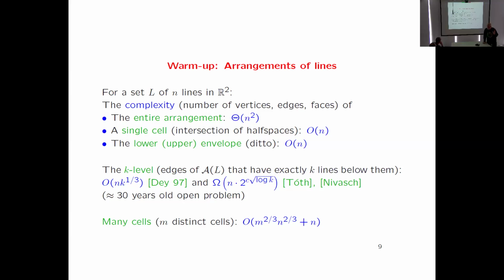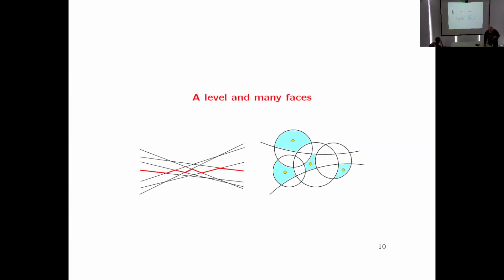But even in this quote-unquote trivial setup, you have very deep questions. Let me mention two of them. One is the k-level. There is another parameter k, and we should picture it in the next slide on the left. It's the collection of all the edges of the arrangement that have exactly k lines below them. The way to think about them is that you start at the west end on one of the lines and go to the east, and every time you reach a junction, you must make a turn.